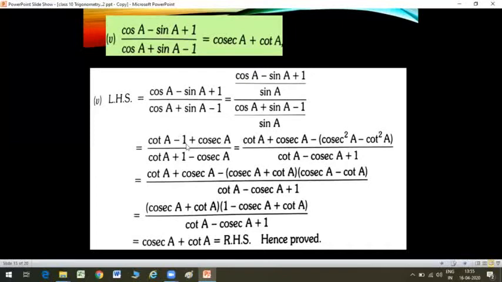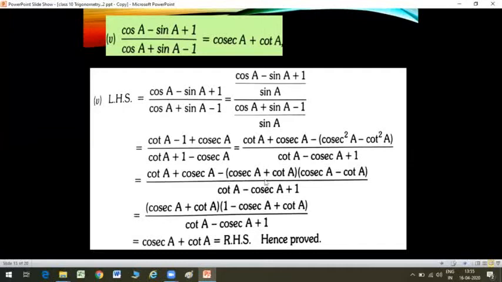And we know 1 is equal to cosecant square A minus cot square A by identity third. So cosecant square A minus cot square A we are writing here in place of 1, divided by cot A minus cosecant A, and this plus 1 again we'll be writing in the last.